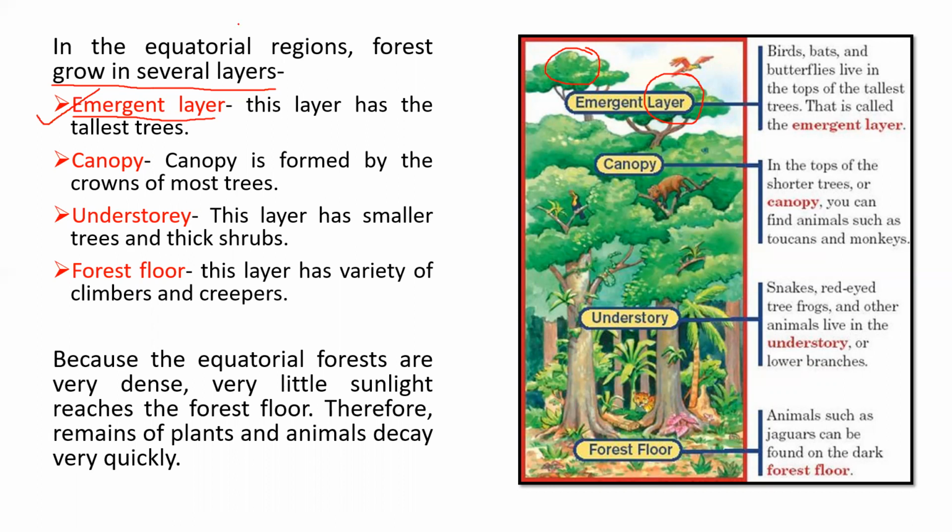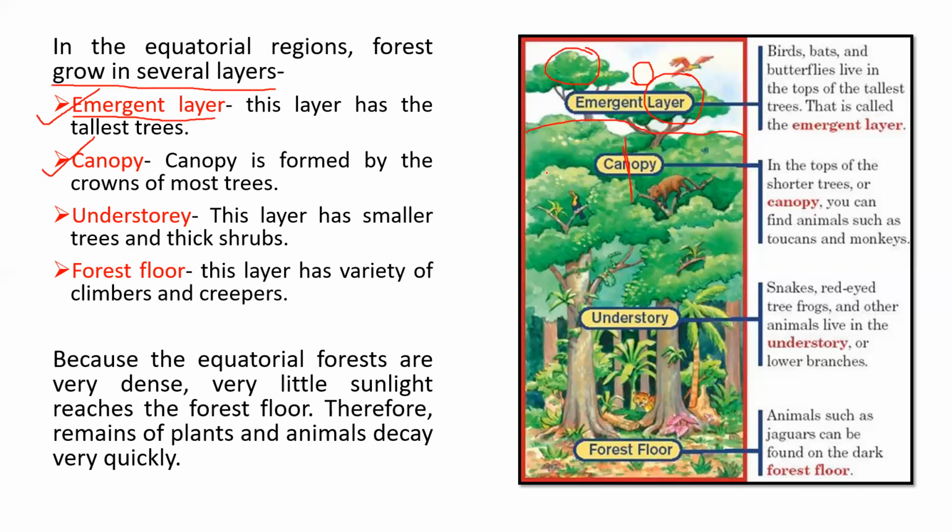Then we have the canopy. Canopy is the second layer. And why is it called canopy? You know, because in these forests, in this canopy, you see all the trees are attached to each other. There is no gap in between. Like these emergent trees, in between the emergent trees, there are gaps. So you can see the sky between the emergent layer.